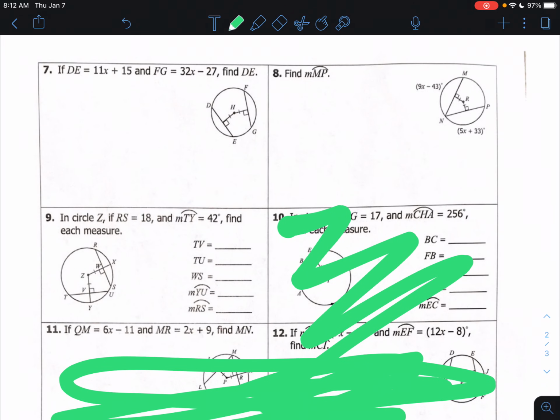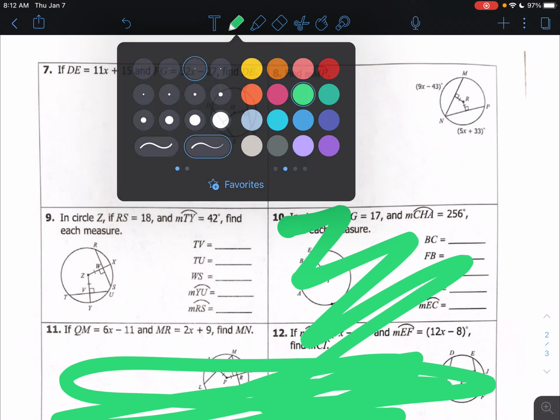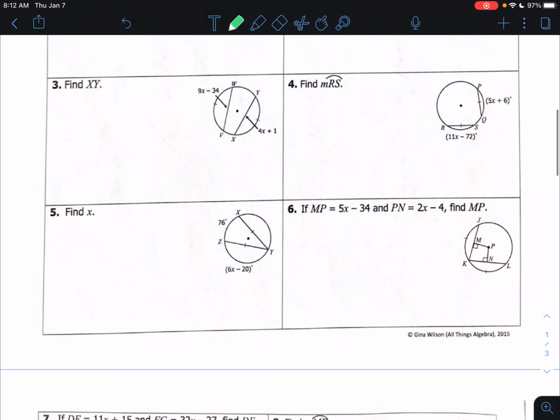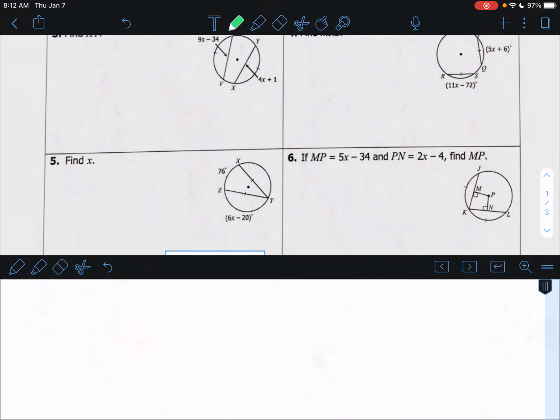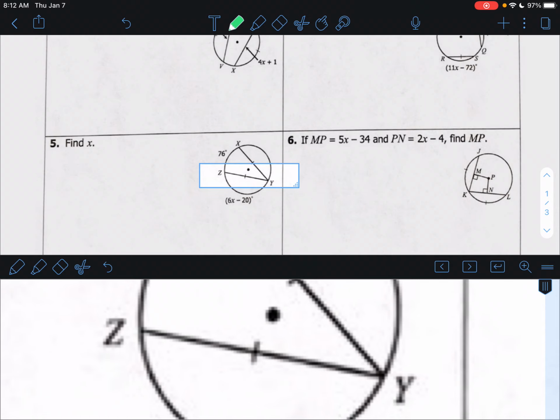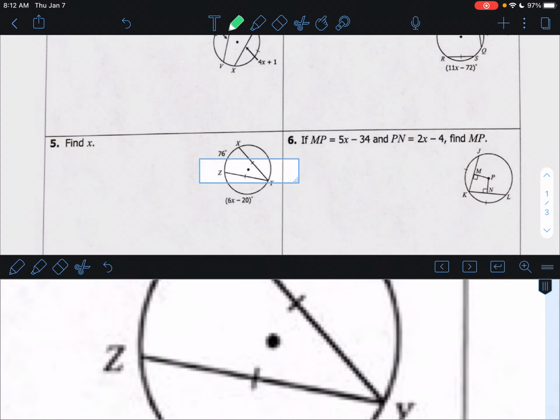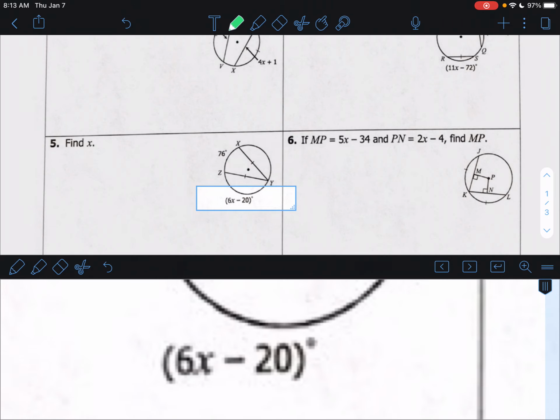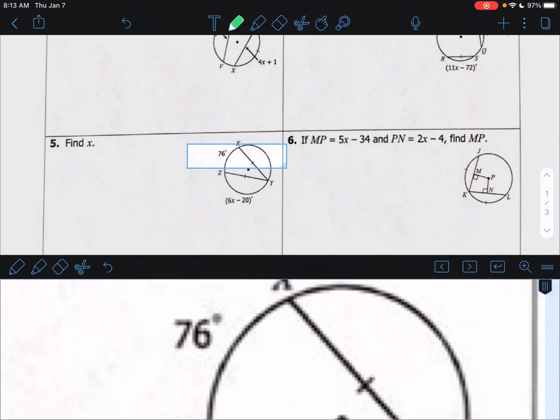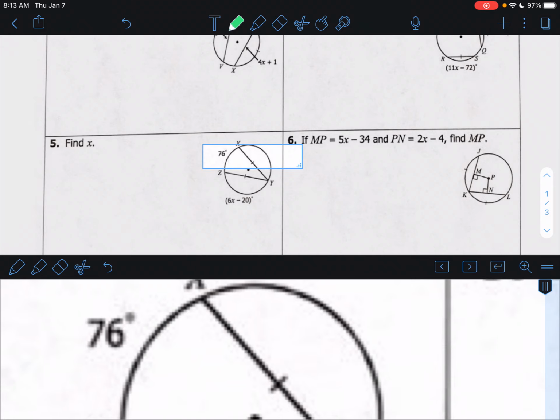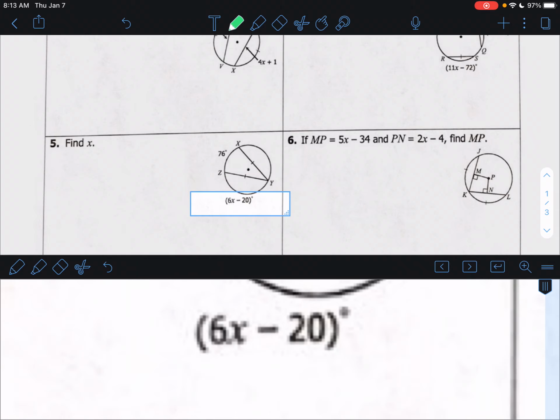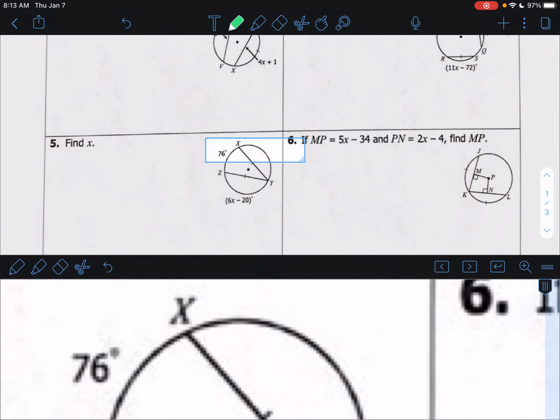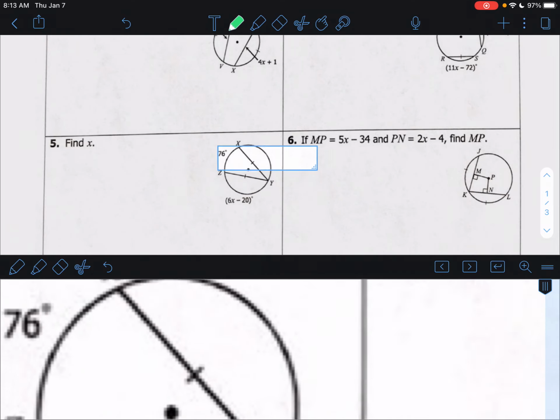I want to go over one of the problems first, problem number 5. On problem number 5, we have to find x. We're given that this chord ZY is congruent to this chord XY. And we're given this 76, that's this arc XZ, and arc ZY is 6x minus 20. I said that ZY and XY were congruent, but I don't have a measure on XY.